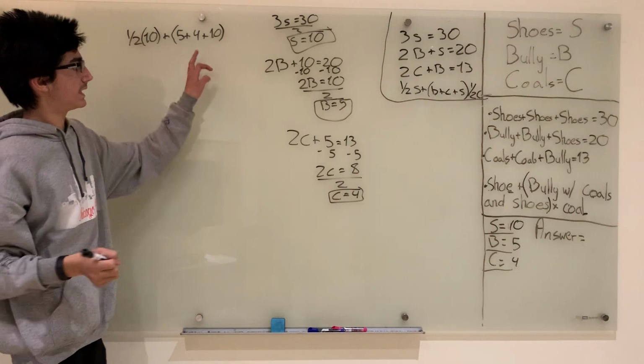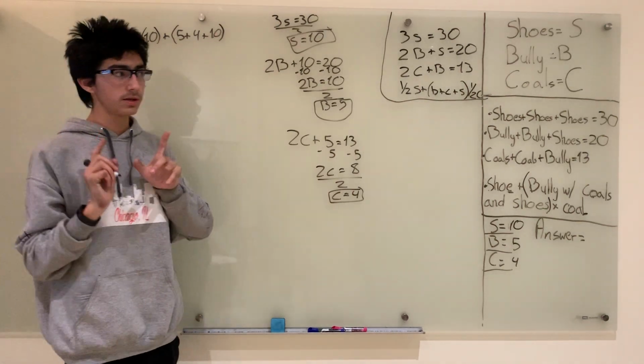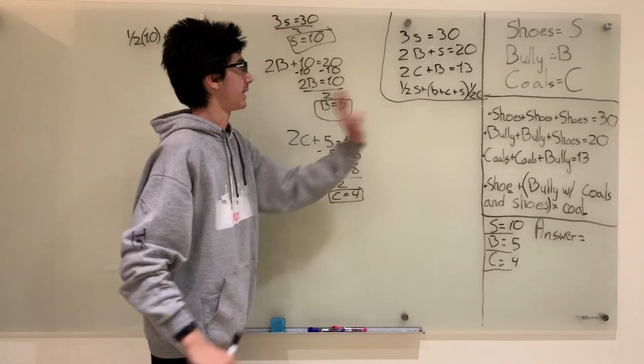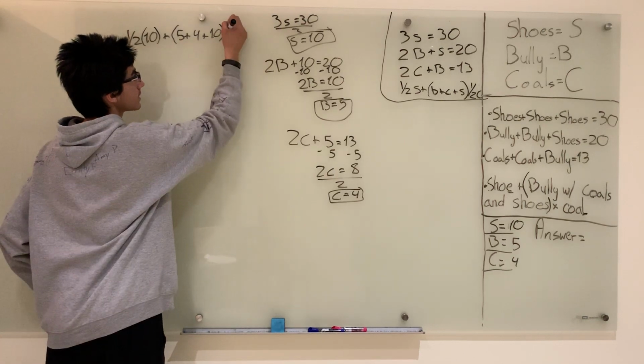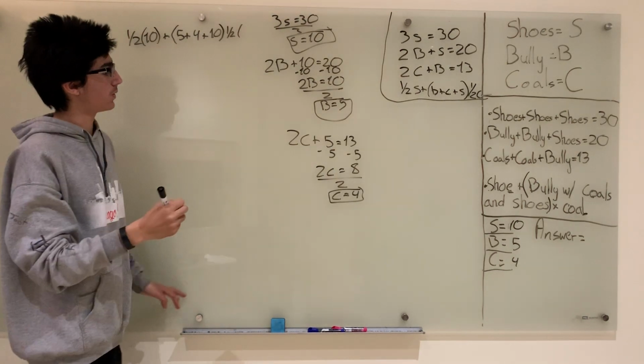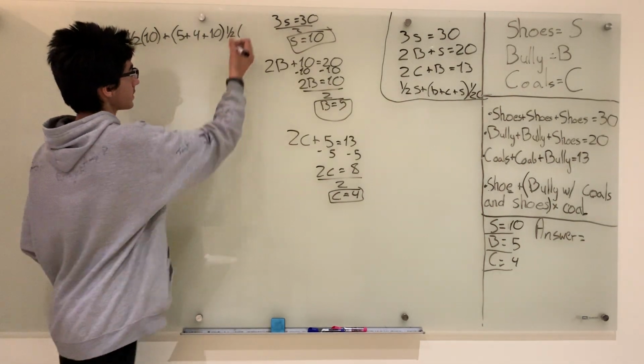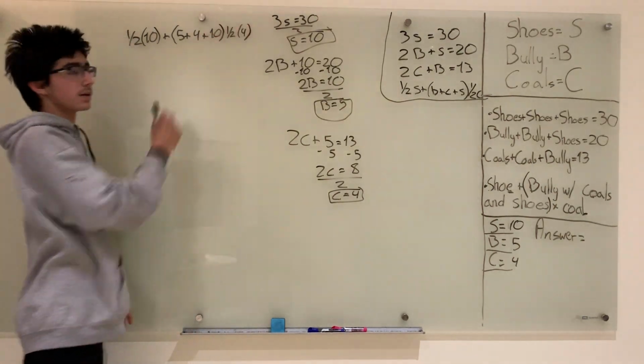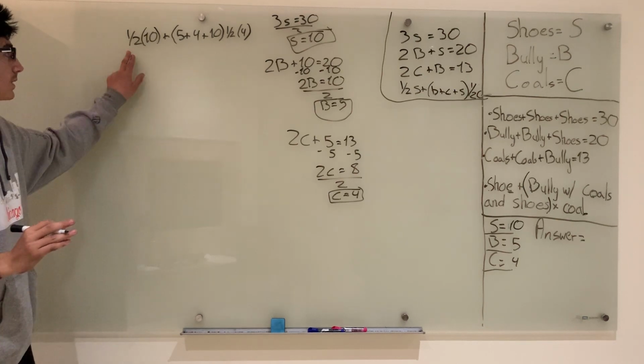And then that is getting multiplied by a single newspaper of coal. So that's 1/2 C. So that's 1/2 times the amount of coals. So that's 4. Now we just have to simplify.